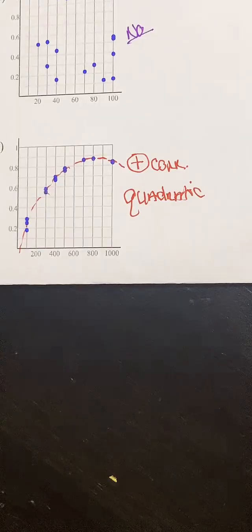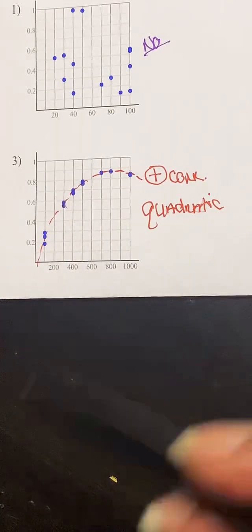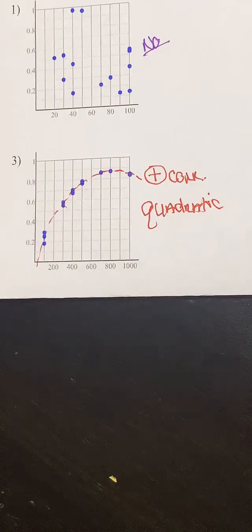Down from negative. Yes, but right now the correlation is going up. The correlation is positive, William. Okay. But the shape is eventually going to be quadratic.